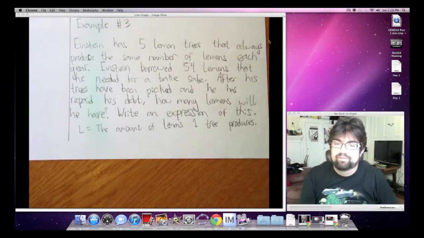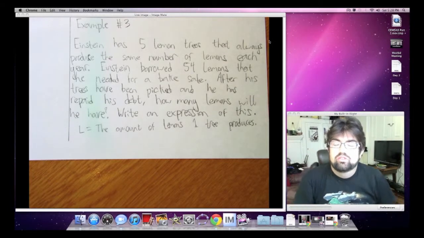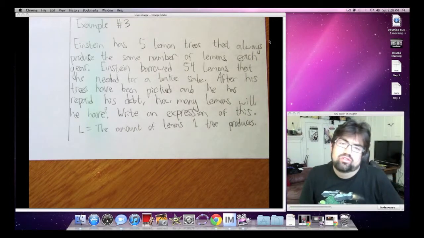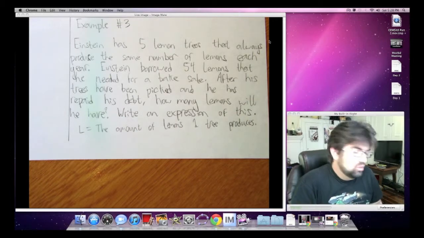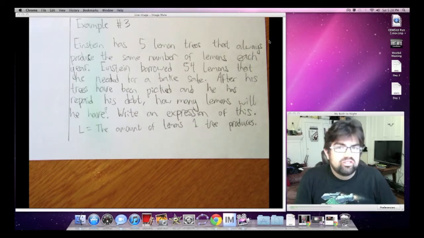Okay, so that's L. L is only one tree and how many it makes. So if there's 5 lemon trees, one way of doing it would be to take L plus, but you know not to do that. You should be doing 5 times L.